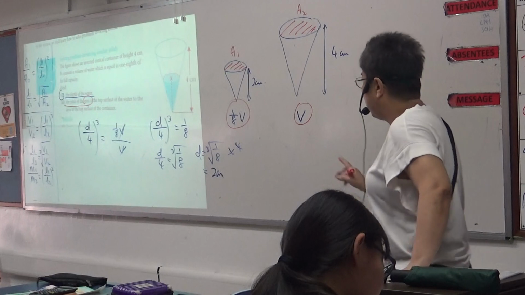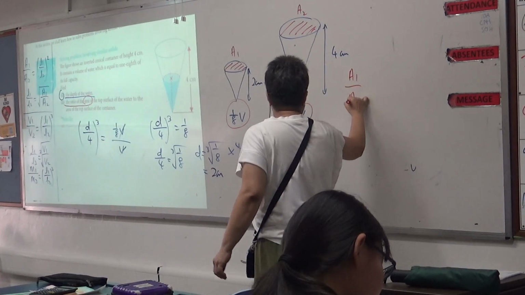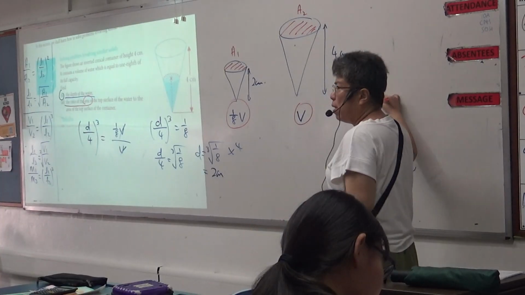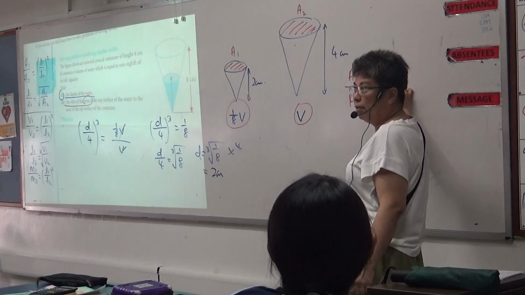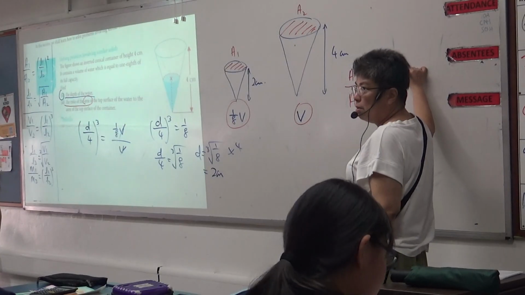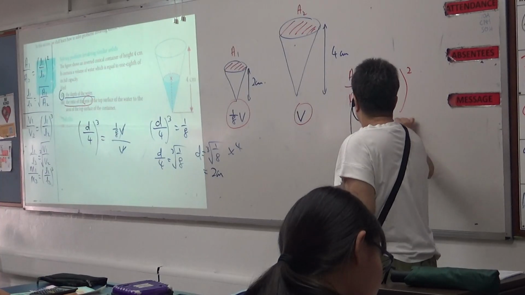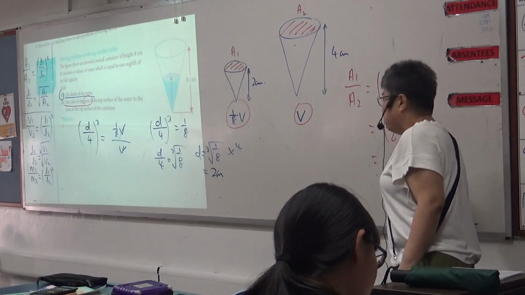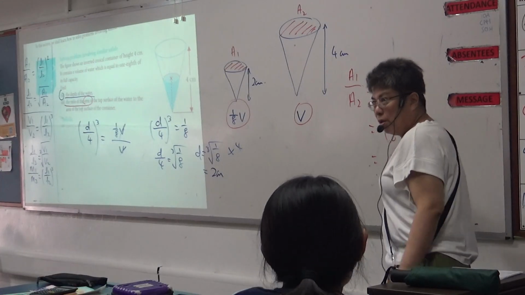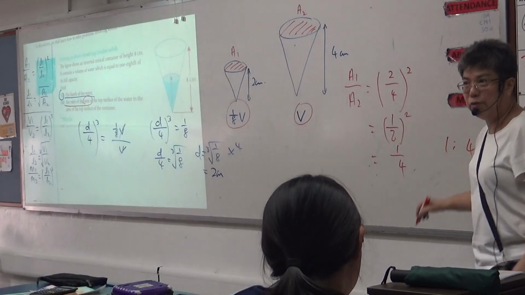No need. I want to find area. Now, all of you look. Area 1 over area 2 will be what? 2 over 4, squared. So, this will be a half squared, right? So, what is this? 1 over 4. So, what will be the ratio? 1 is to 4.